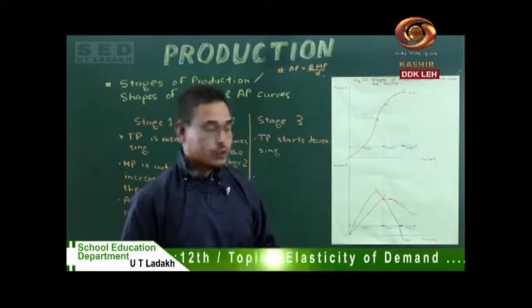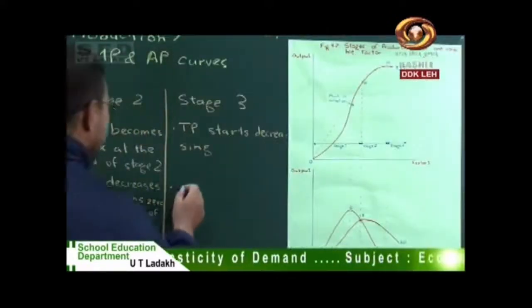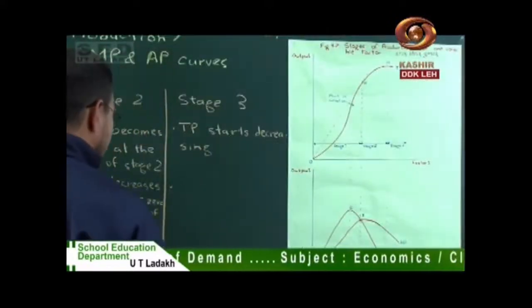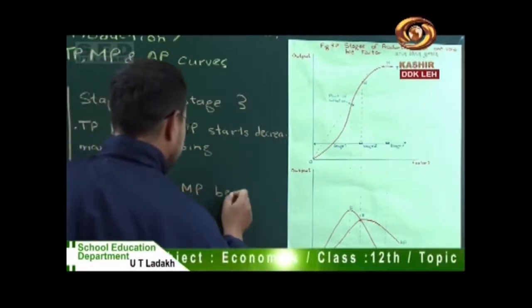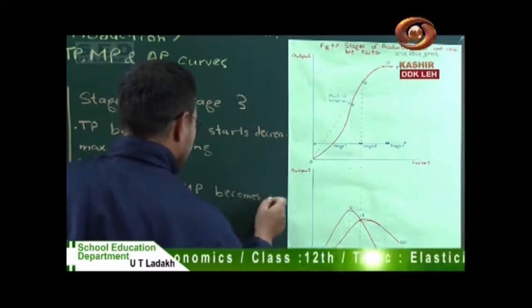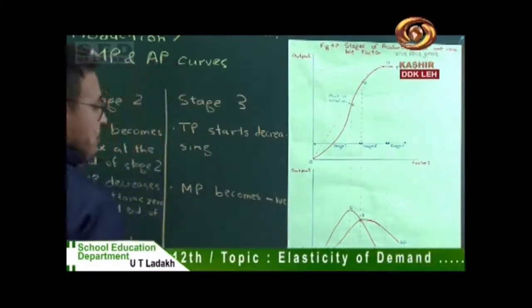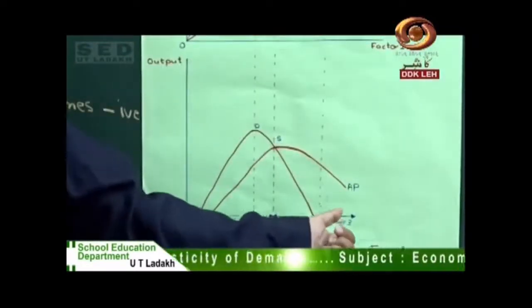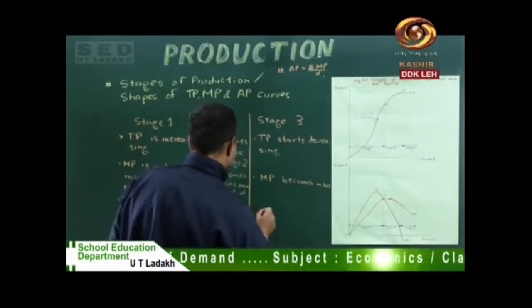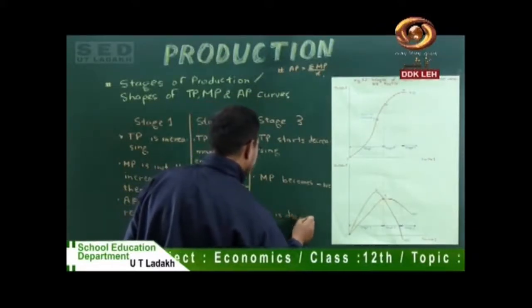It's -2. So that's when we are in stage 3. So in stage 3 your MP becomes negative. As far as AP is concerned, AP will decrease but it won't be negative. So AP is decreasing here.